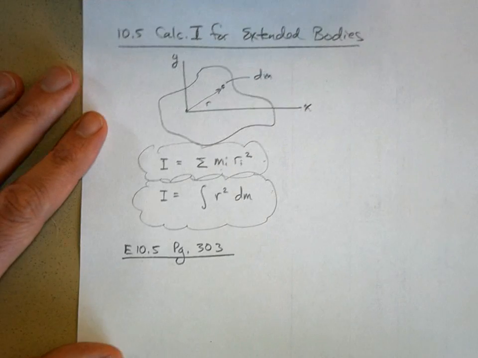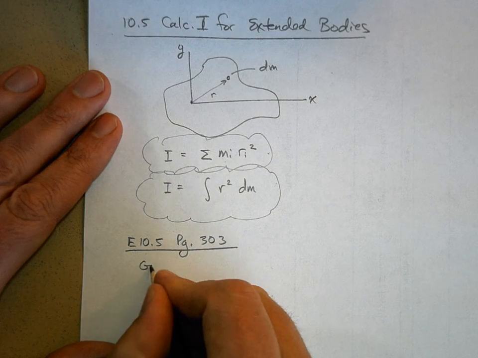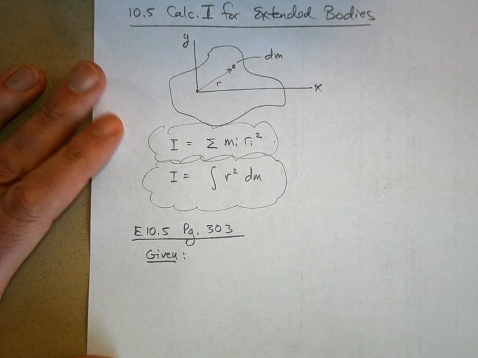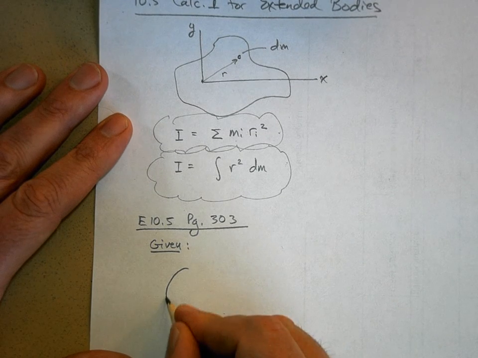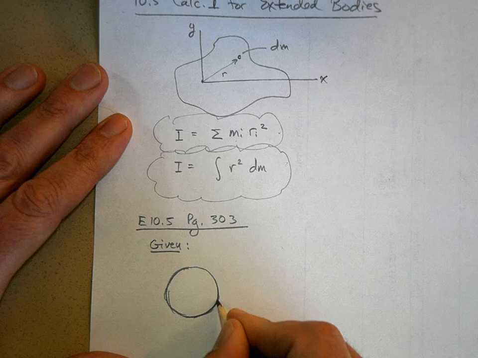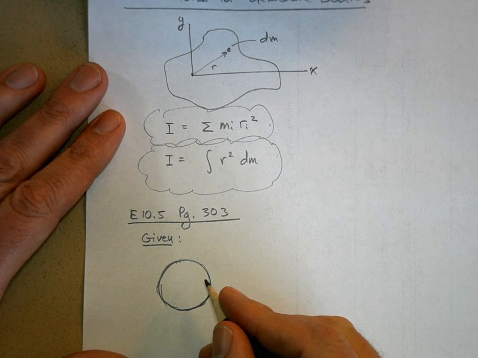And basically, here's what you're given. You're given a hoop, like a hula hoop. Okay, so let's look down on it. Here's my hoop, and it's got a radius of r.